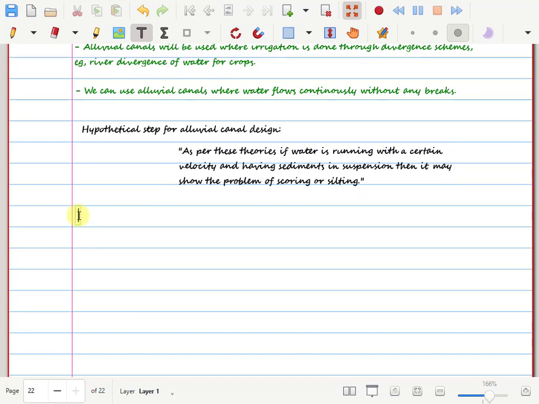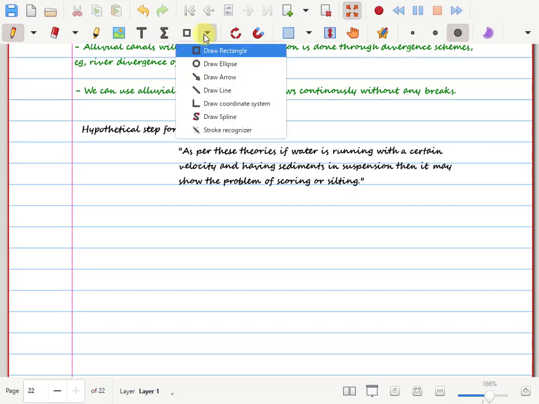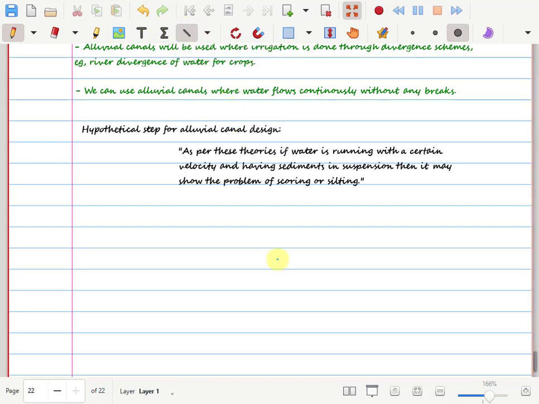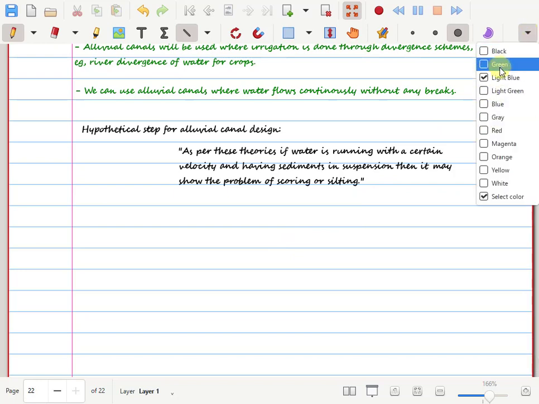So there can be three cases which we can face. Let's draw a figure first and then try to see what the three cases can be.